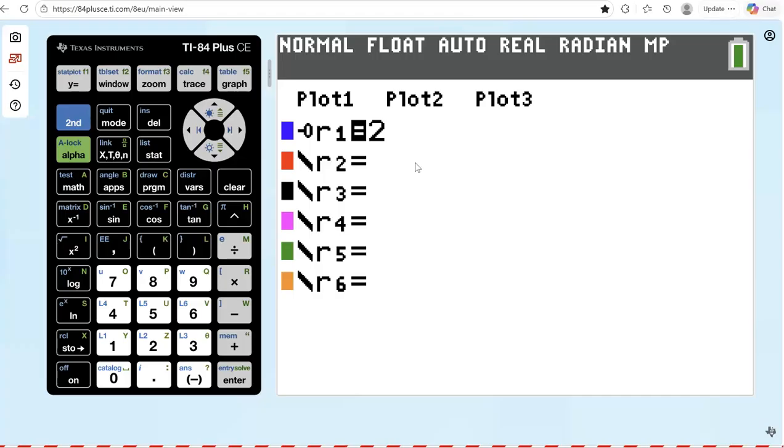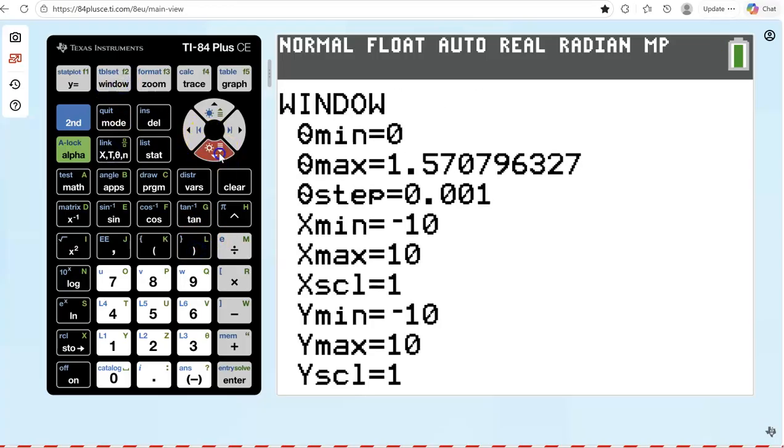So this was 2 plus 2 cosine of theta. And I'm going to change my window to move a little bit faster. Let's use my theta step to be 0.01, and my theta max to be 2 pi.